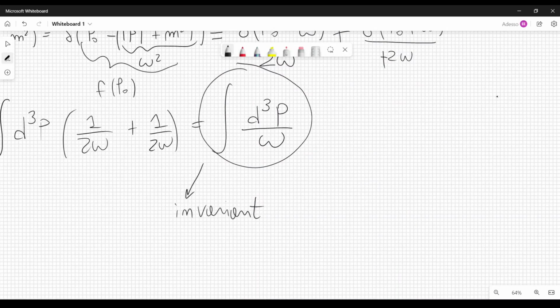And this is very important because in quantum field theory, we have integrals of this kind. Then there are other functions inside the integration, but this element here is invariant. So that's the key point of this video.